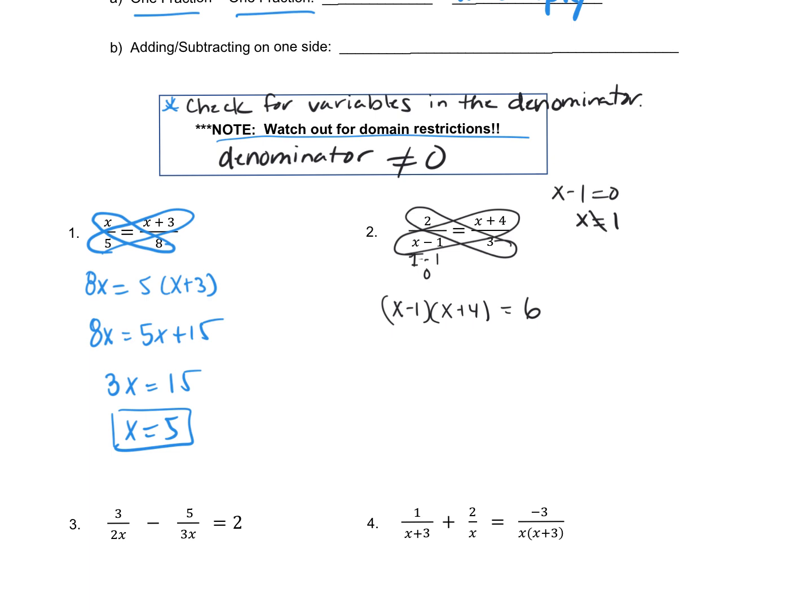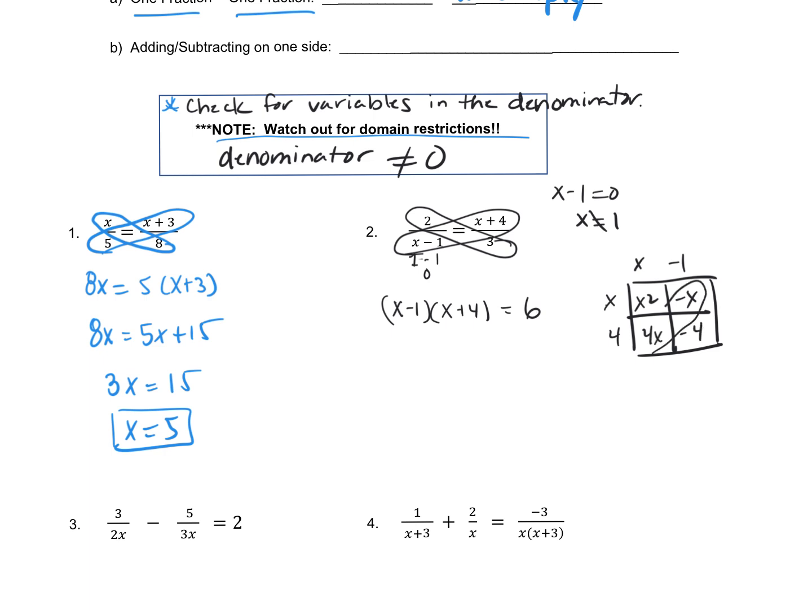I prefer to do the box method, so x minus 1, x plus 4. In this box I have x squared, 1 times negative 1 times x is a negative x, 4 times x is 4x, 4 times negative 1 is a negative 4.